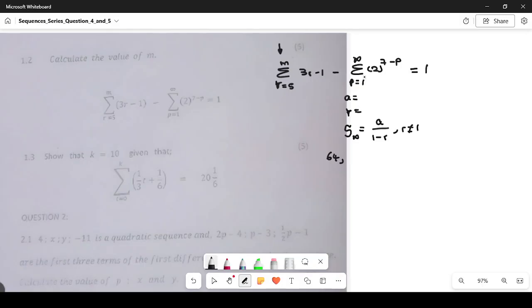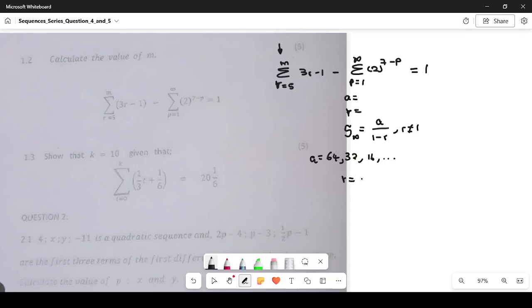When p is equal to 2, 7 minus 2 is 5, and 2 to the power 5 is 32. Then 2 to the power 4 is 16. That's enough to determine our ratio. Our first term is 64.